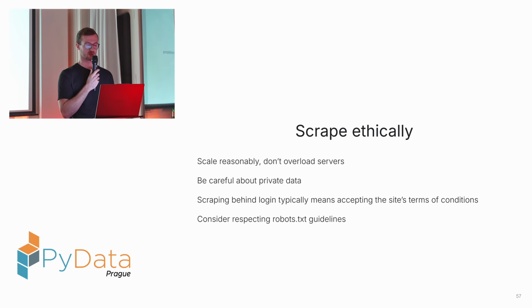Also, scraping behind a login typically means that we are accepting the terms and conditions, and it's often written there that you are not allowed to access the website via automated tools. And we might consider respecting robots.txt, which are guidelines from the website on how scrapers should behave on the website.